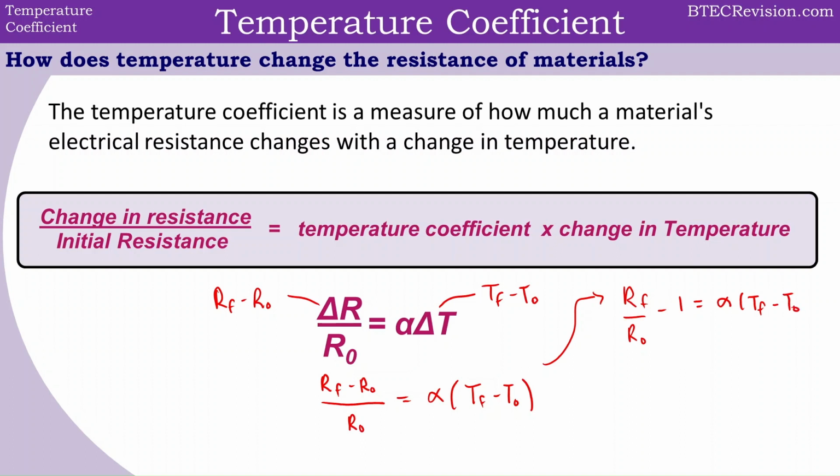And now we can move the 1 over to give us RF over R naught equals 1 plus alpha, TF take away T naught. And then we can rearrange this equation for RF by multiplying both sides by R naught. Therefore, RF equals R naught, square bracket 1 plus alpha, curly bracket TF take away T naught, close bracket and close square bracket.